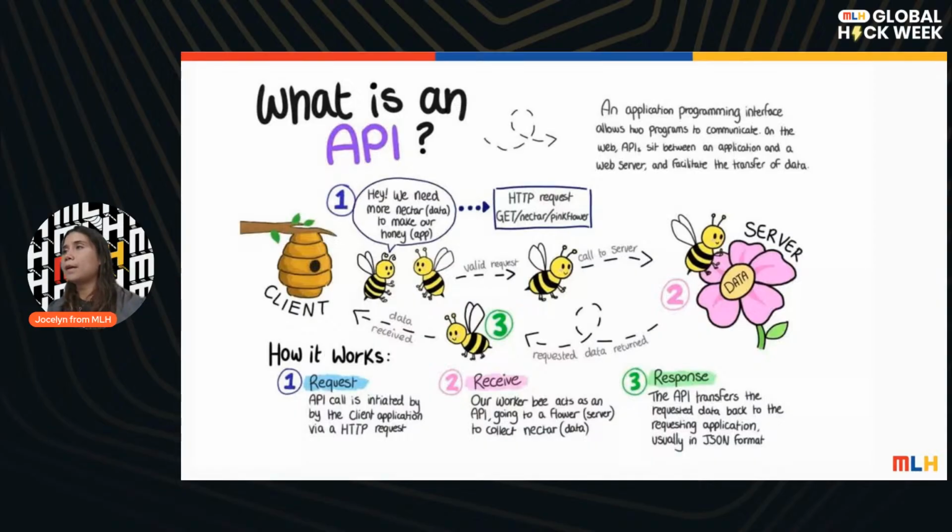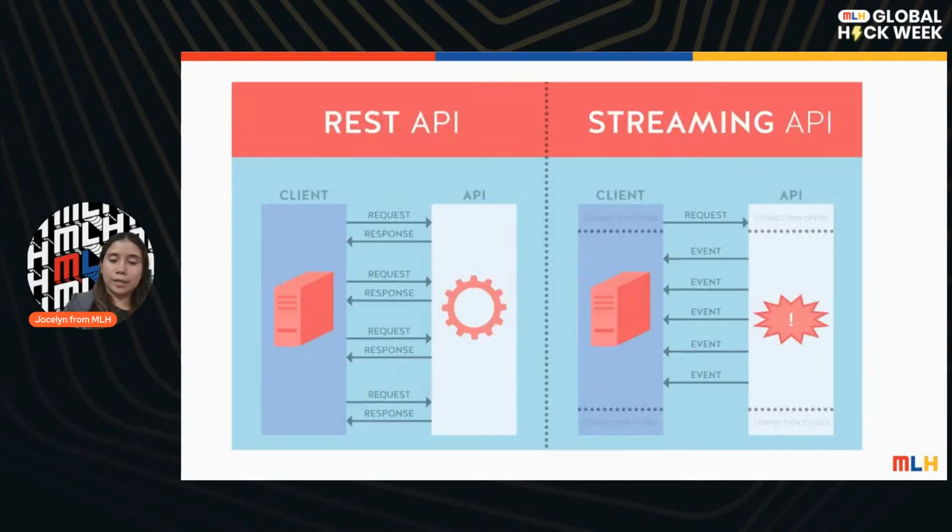This is really nice because you can see how the data, the nectar, travels all the way from the honeycomb to the flower and then back to our client, which is the application. That process goes back and forth because your client can be constantly requesting data, and your server, or wherever you are fetching that information from, will constantly have to provide for your application to meet your requirements.